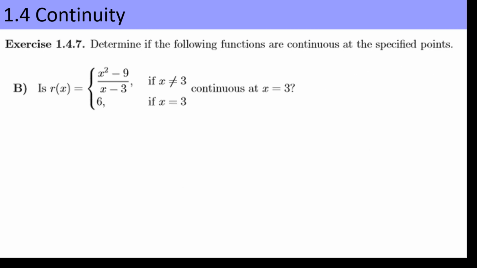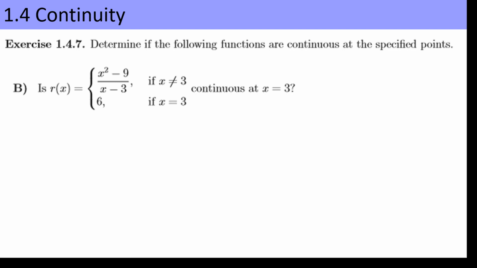Now part B. Is the function described as r of x equals the rational expression x squared minus 9 all divided by the quantity x minus 3 if x does not equal 3, and the second piece equals 6 for x equals 3, continuous at x equals 3? Let's use the definition of continuity.